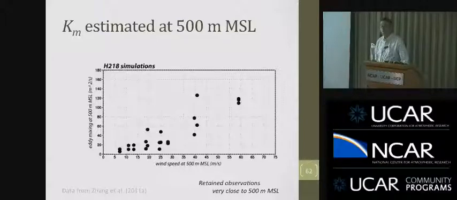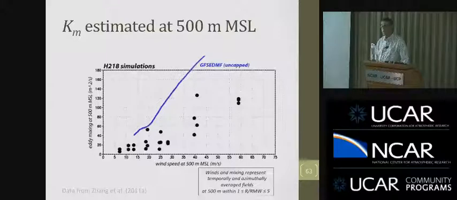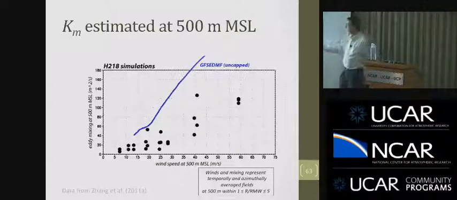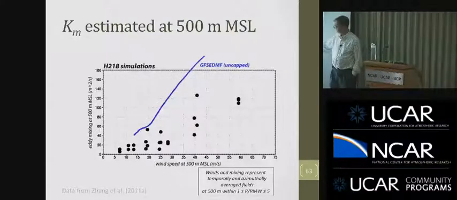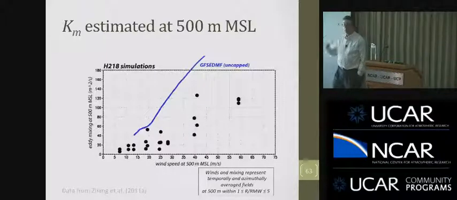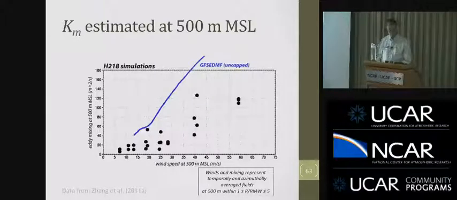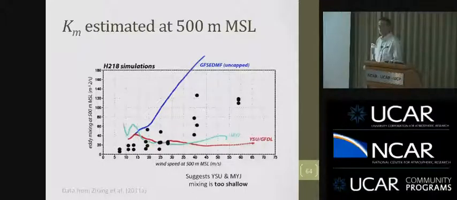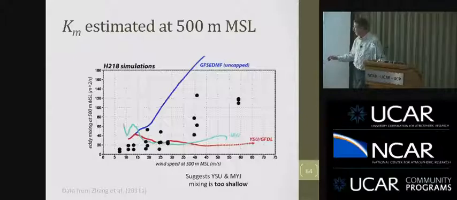If we use the GFS scheme used by HWRF, but without the cap, it produces way too much mixing. At 40 meters per second, it's basically off the chart. But we knew that already, and that's why Gopal instituted that alpha cap, okay? If we look at YSU and MYJ, notice they're producing much less mixing when the wind speeds are strong.